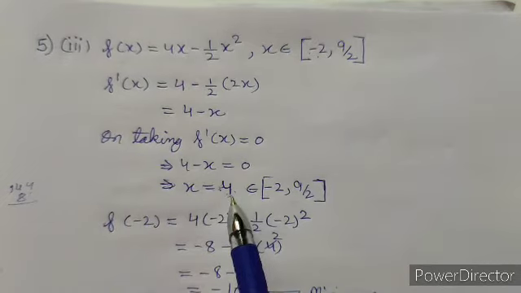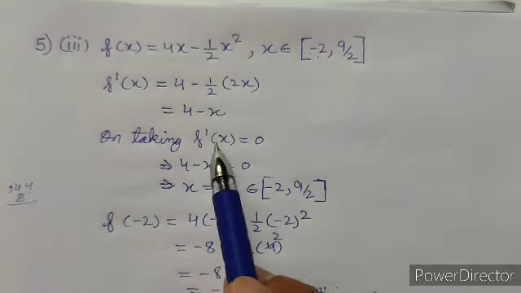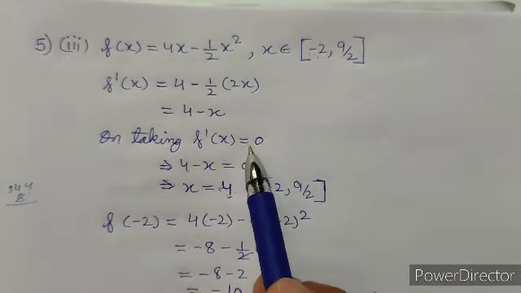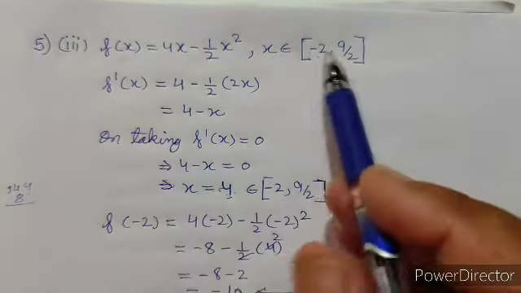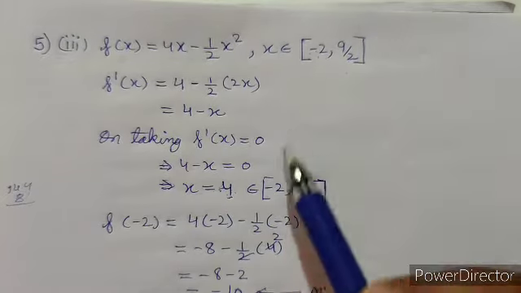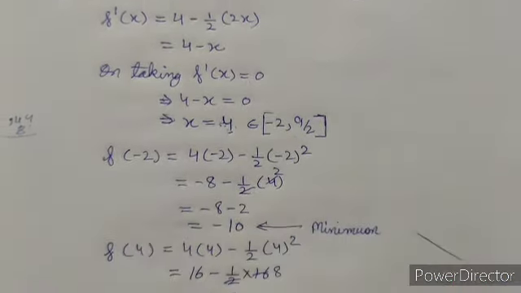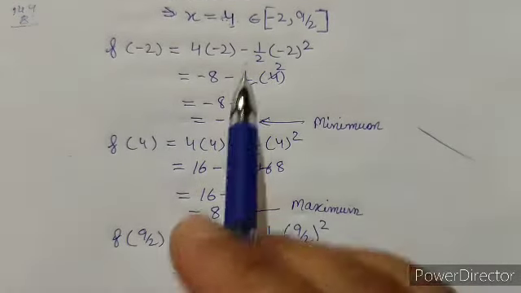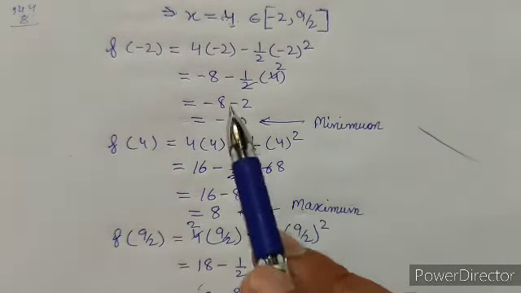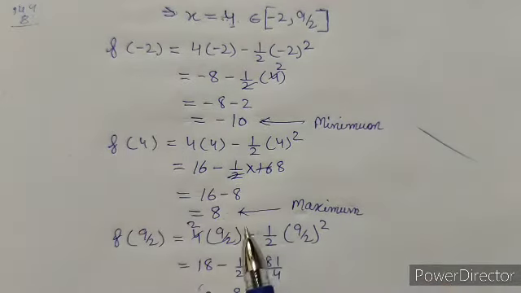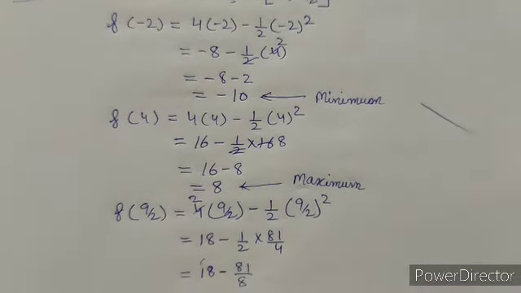Then we will find the value of the function f(x) at the points minus 2, 4 and 9/2. Out of these three values, the minimum will be the absolute minimum value of the function and the maximum will be the absolute maximum value of the function.